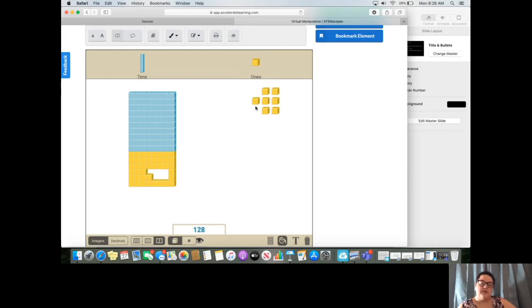Then your next step is going to be counting. You can start off by counting all of the blocks in here if you were doing this on paper.